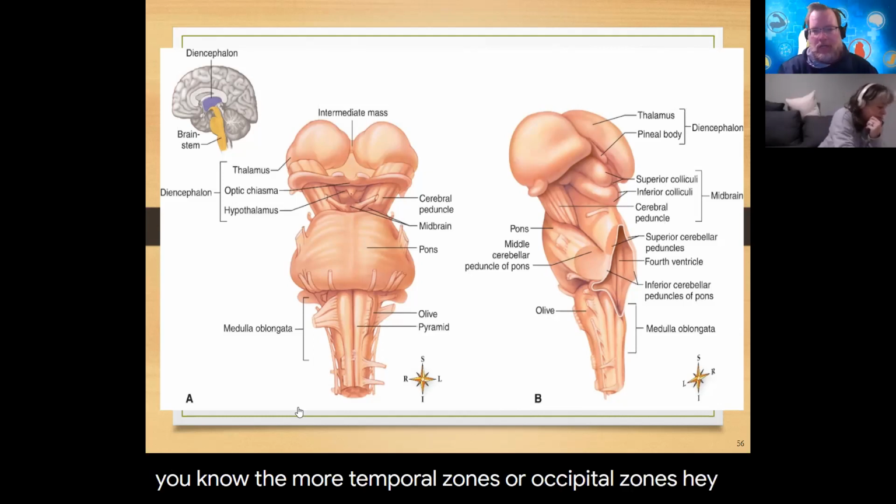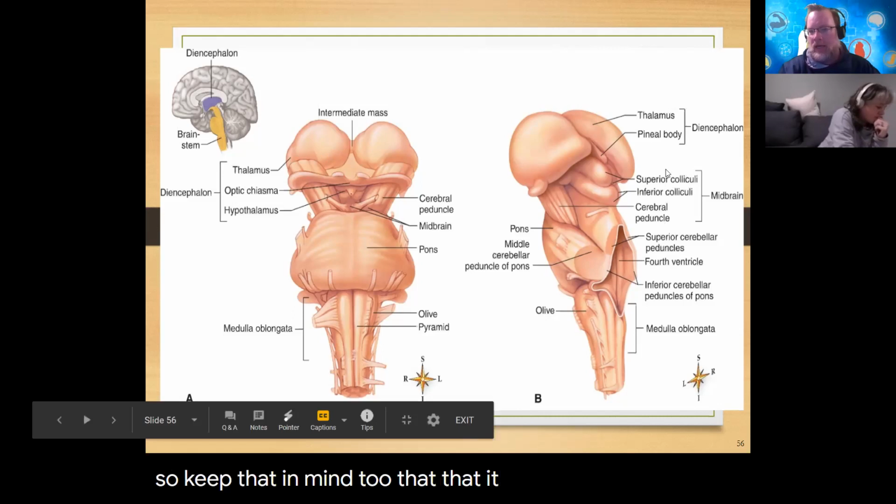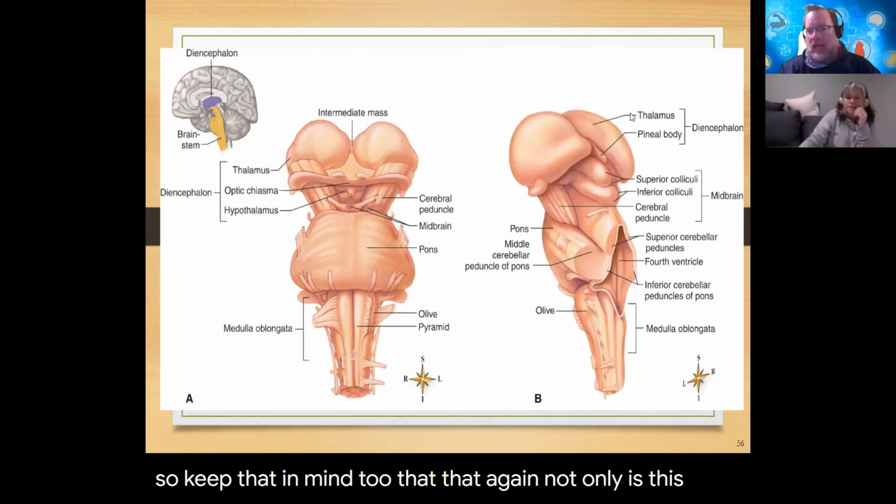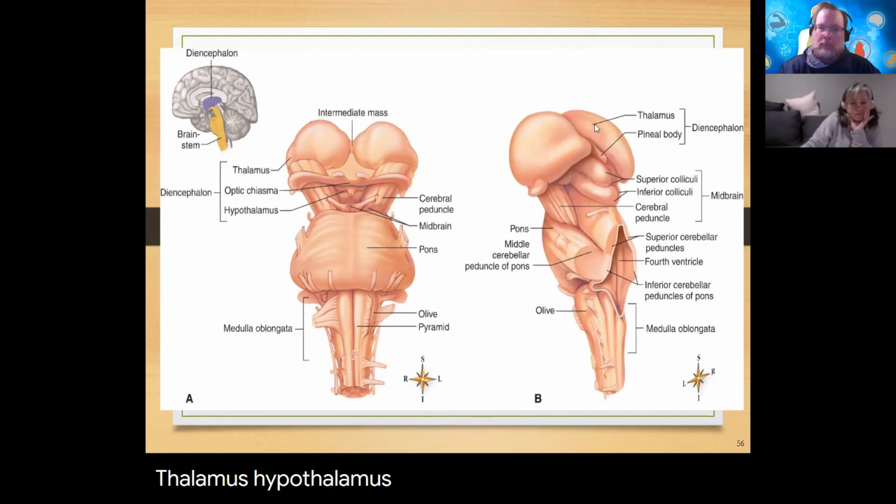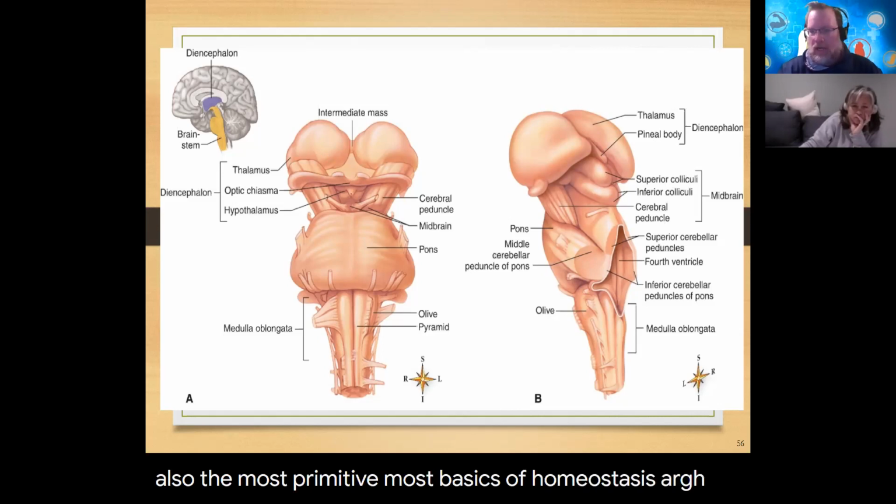Keep in mind that this area, the thalamus, hypothalamus, pineal, and the brainstem, is the deepest, most protected area of the brain. It's also the most primitive, where the most basic homeostasis is going on.